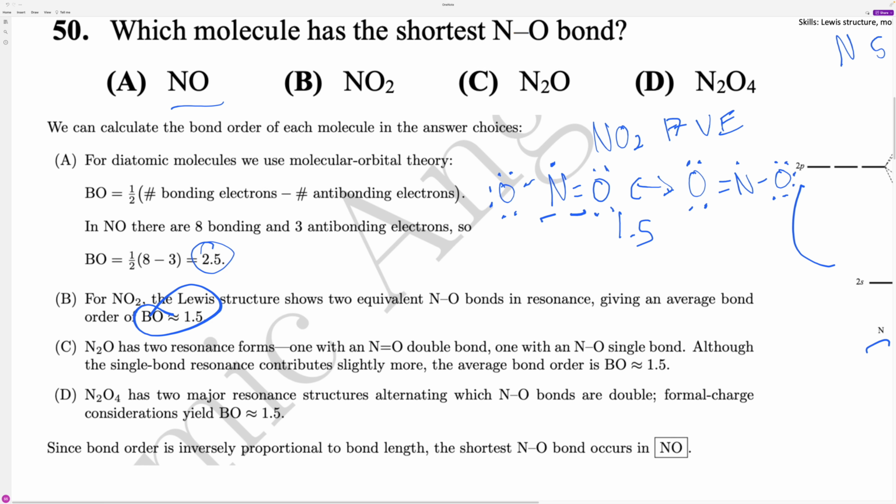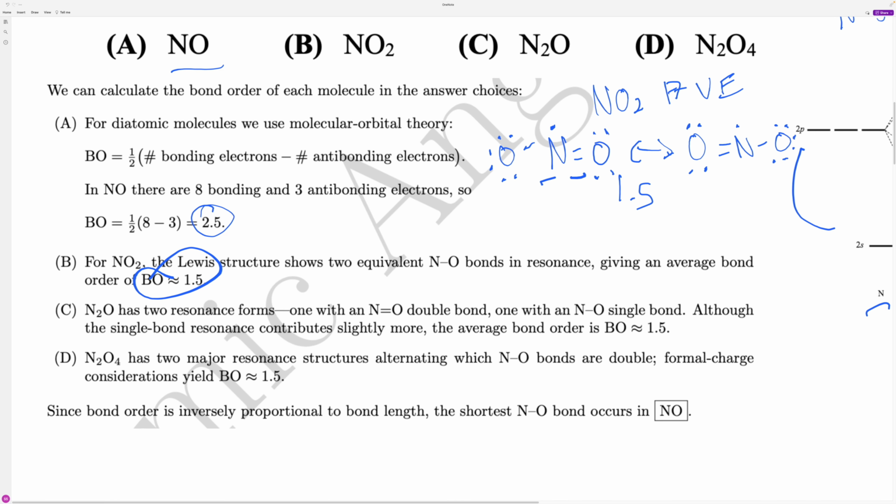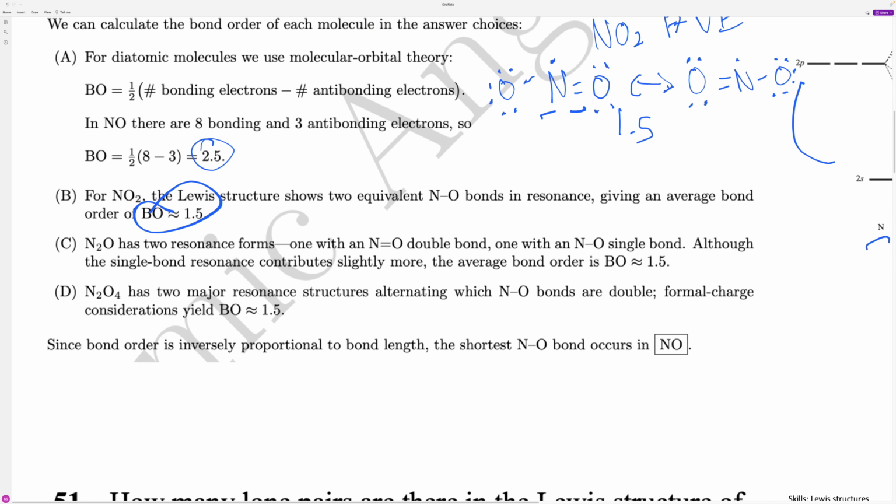Now N2O, it's a similar type structure. I'll draw it down here. N2O is going to have 16 valence electrons, and you'd think that this is the only structure. Let me draw it out. You might think this is the only structure for N2O.